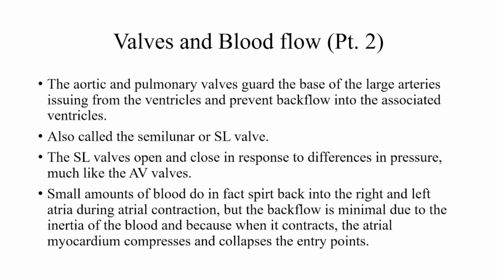However, the backflow is minimal due to the inertia of the blood, and because when it contracts, the atrial myocardium compresses and collapses the entry points. So even though there is a small amount of backflow, it's minimal due to these factors.